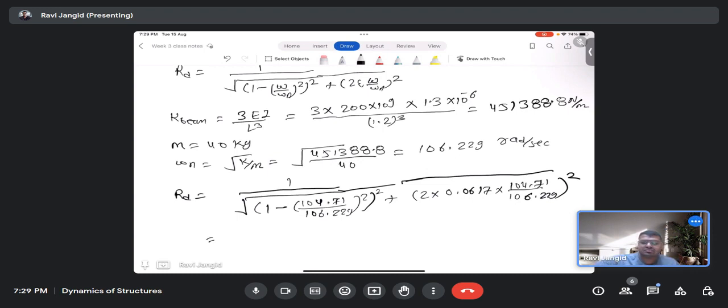Anyone with the RD? I'm getting 8. Yeah, I'm also getting 8. So do the further calculation. I am getting RD as 8.01.